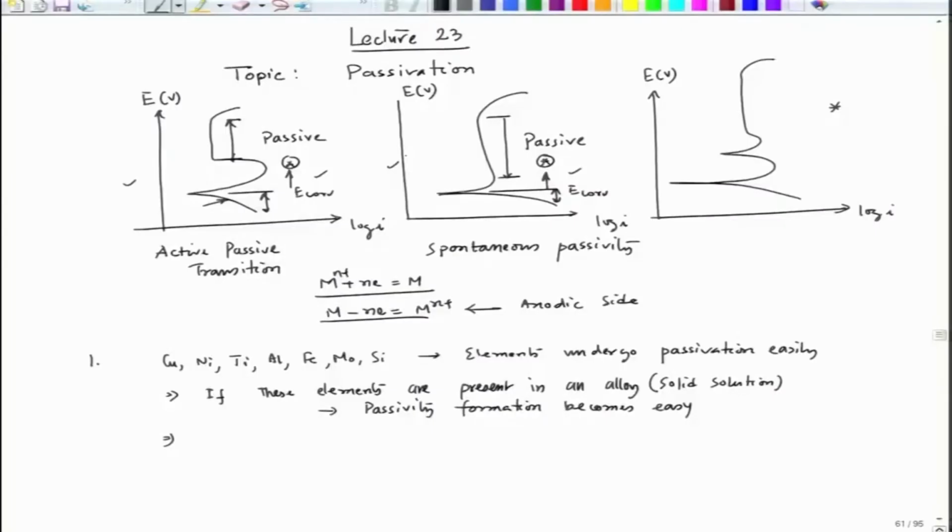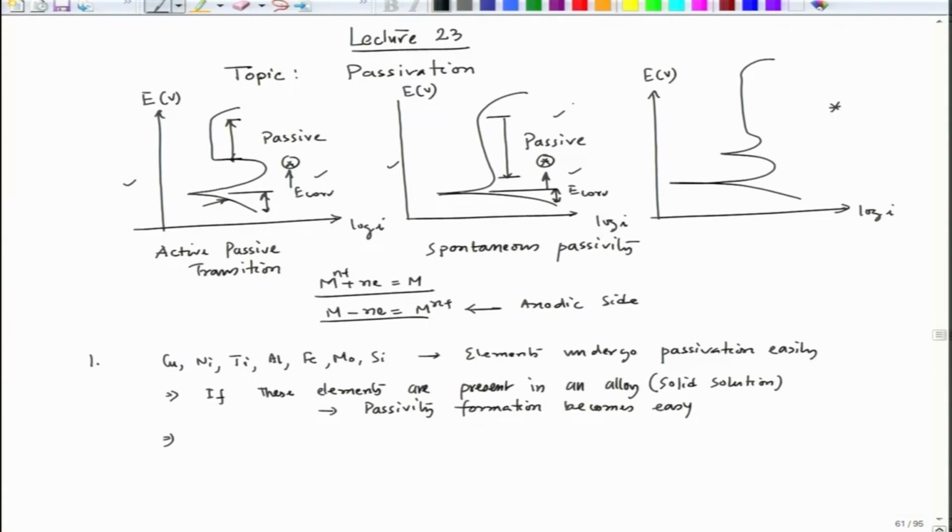In case of active passive, one example is iron exposed to concentrated HNO3. There initially you will see bubbles, but after some time the bubble formation stops and the weight loss becomes negligible. So, that is one case where active passive transition happens. In some cases you can experience this particular scenario, we will see later on.